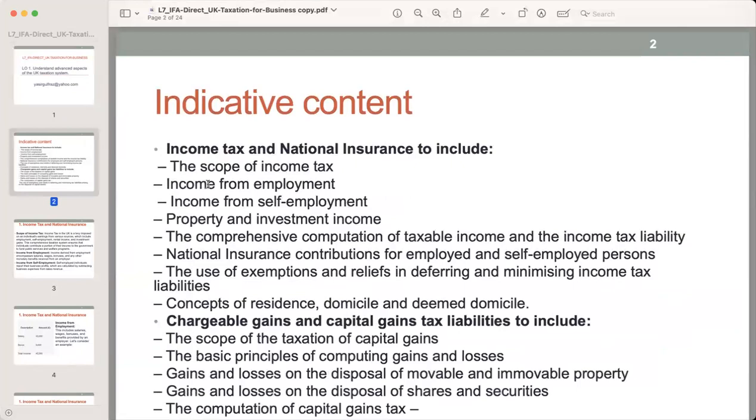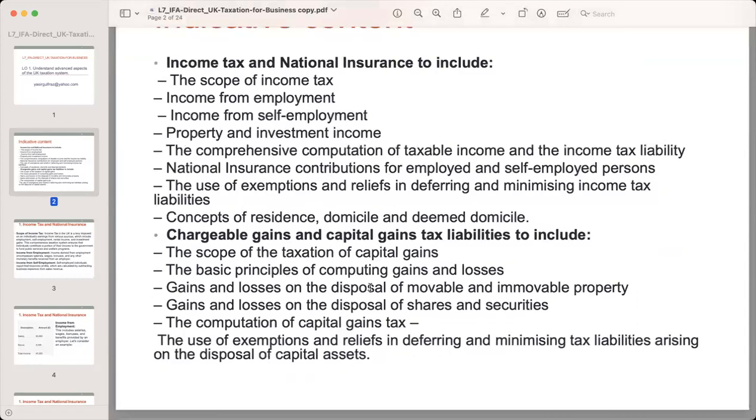We will discuss income tax, national insurance, and the scope of income tax: employment, self-employed, investment income, and the computation of taxable income. We will also discuss the concepts of residence, domicile, chargeable gains and capital gains tax liabilities, to include the scope of taxation of capital gains.